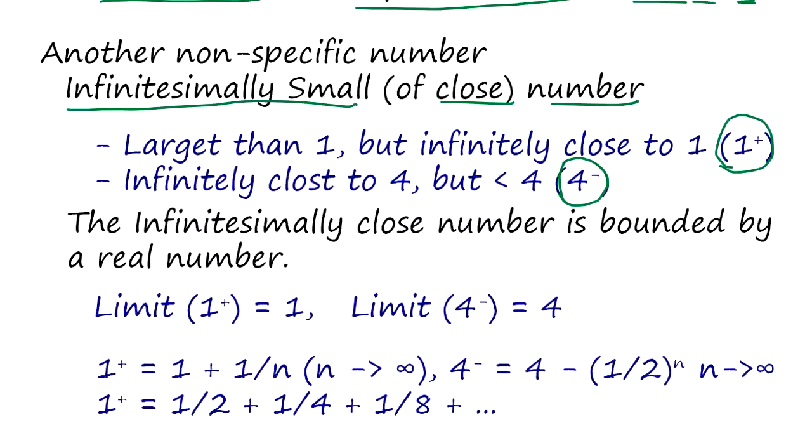The infinitesimally close number is bounded by a real number. This bound, the number that bounds the infinitesimal number, is expressed by the limit. That's the meaning of limit. Say the limit of 1 plus equals 1, and the limit of 4 minus equals 4.